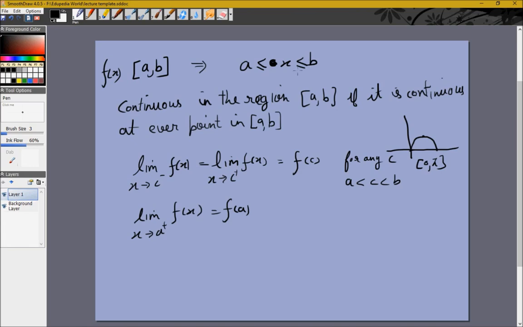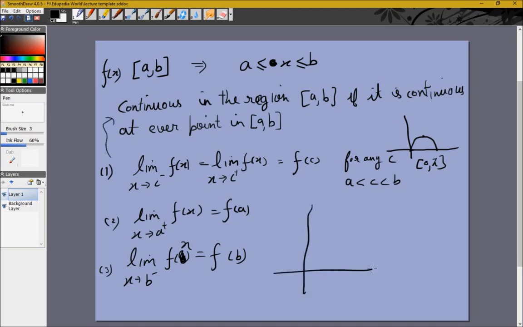Similarly for b, the left hand limit makes sense, but the right hand limit does not make sense because x can at most be b, it cannot be greater than b. So for b, limit x goes to b minus f(x) should be equal to f(b). If the first condition holds for all c between a and b, the second condition holds for a, and the third condition holds for b, then f(x) is continuous in the region a comma b.